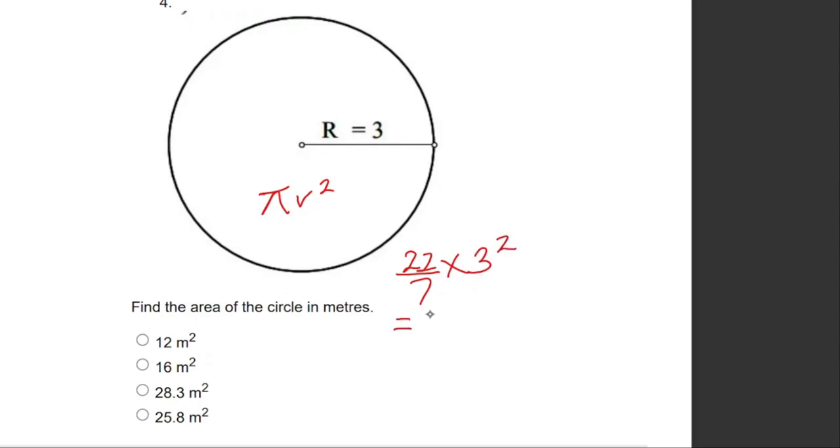So this will give us 22 times 9 divided by 7. Alright? So 22 multiplied by 9 divided by 7 gives us 28.3 meters squared.